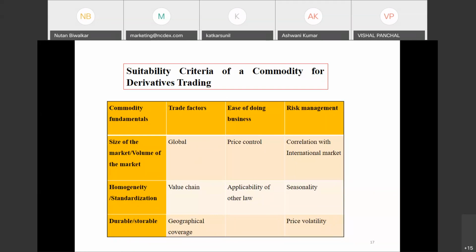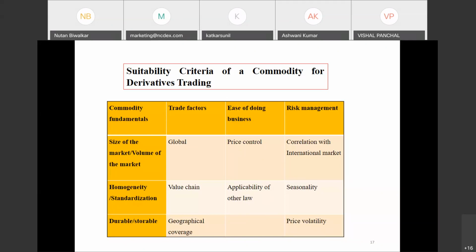Then size: supply should be large enough, and should not be restricted in terms of price, distribution, as well as volume. Means government laws or regulations should be at a minimum for that commodity.